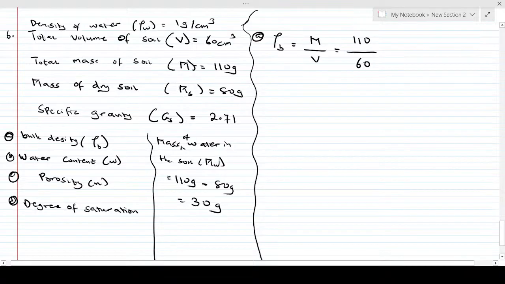So when we compute this, we are simply getting 1.83 grams per centimeter cube. So this is the bulk density.